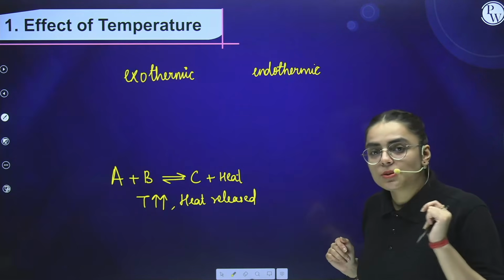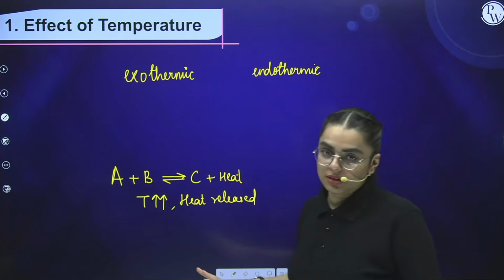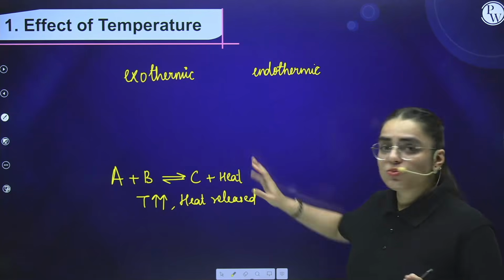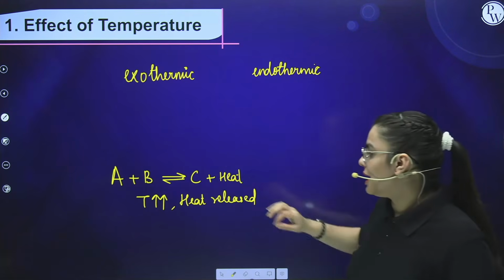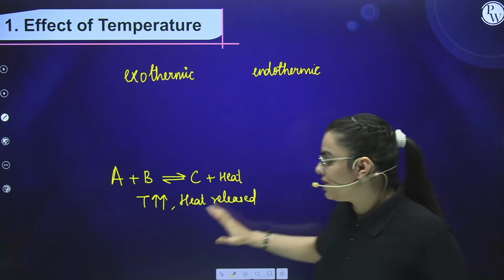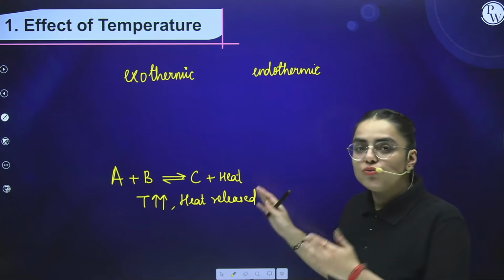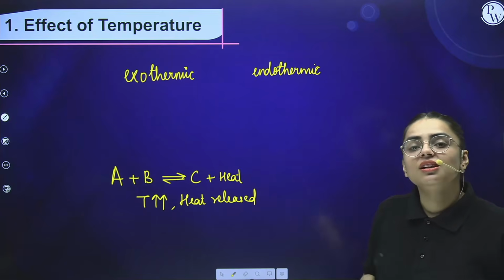But the Le-Chatelier principle says that to stop this effect, since temperature is increased and heat is increased, and this we know is in more amount due to the presence of heat, right? So to stop this process, we will directly convert it back into reactant. That means the reaction will proceed in which direction?